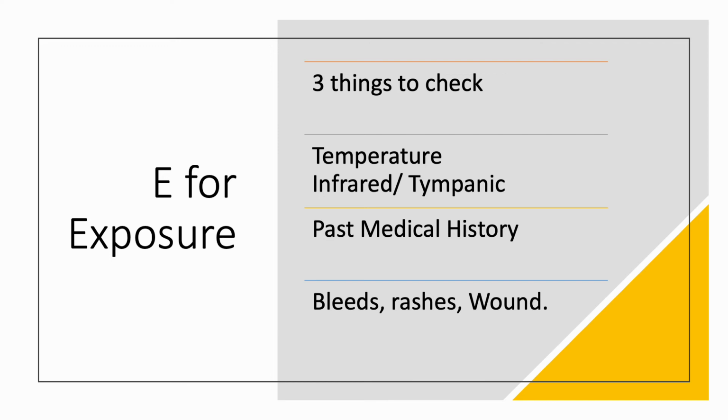For example, if the patient has a past medical history of asthma, and the doctor has prescribed ibuprofen, then you can't give ibuprofen because it can cause bronchospasm. So I'm just giving an example.